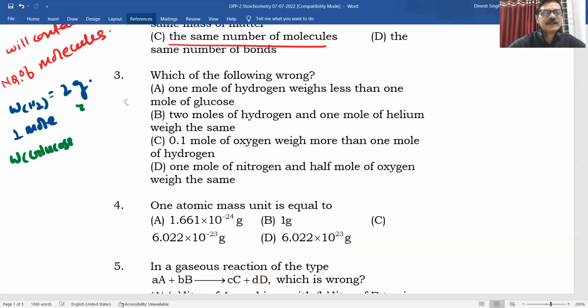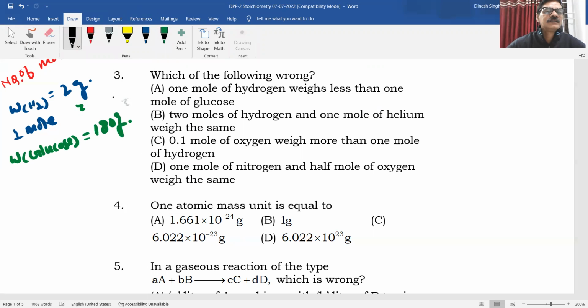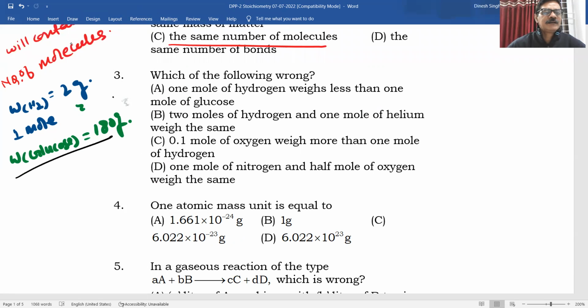For 1 mole quantity, it will be how much? 180 gram. So this statement is also correct. Is it clear to everybody? After this we can see.